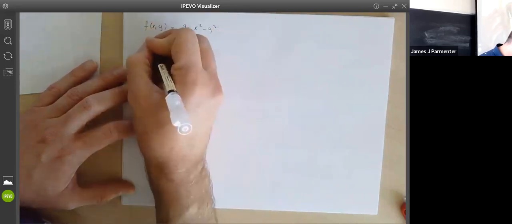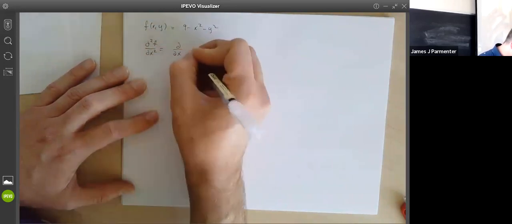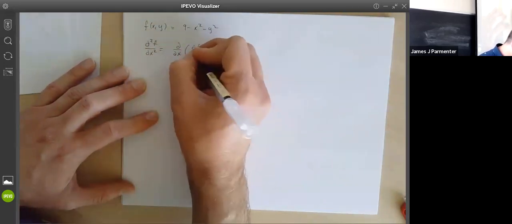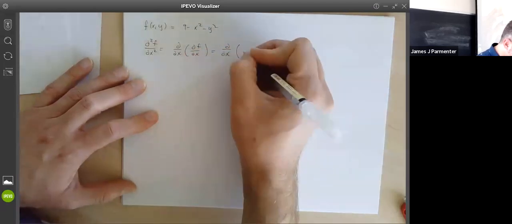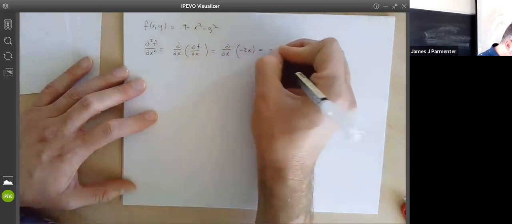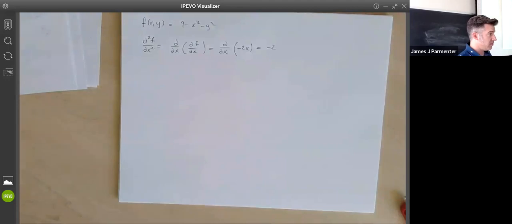But the second partial derivative with respect to x is the partial derivative with respect to x of the partial derivative with respect to x. So that's going to be the derivative with respect to x of our -2x, which is just -2. Which speaks to the concavity, right? If the second derivative is negative, it's concave down. At least it's concave down in the x direction.